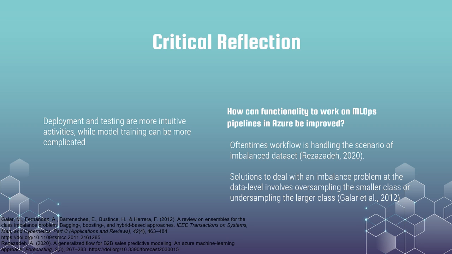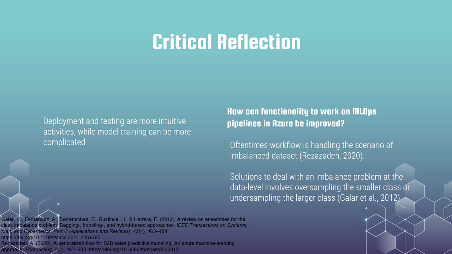But again, this is for me only, and I think the reason why the model training part is kind of complicated is because there are so many algorithms that I can use. For example, regression, clustering, classification.